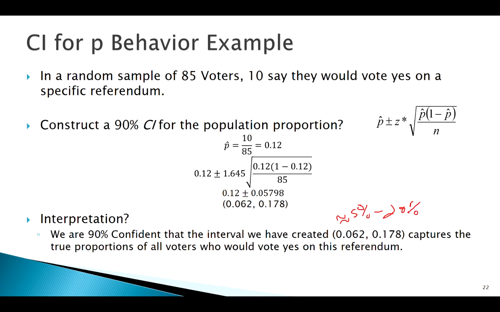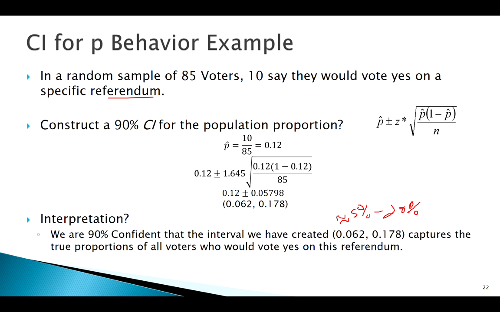Now, if I'm thinking about this referendum and the approval rating of this referendum goes somewhere from 5% to 20%, that's a pretty big difference. So one thing we'll see with confidence intervals for P, the precision of these intervals is pretty important to us in a lot of cases. Because a difference of 5% to 20%, that's a pretty big difference.